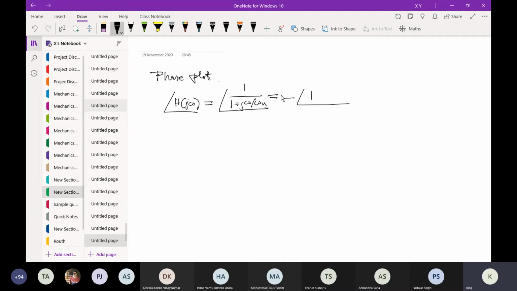So it will be 0 minus, and you can use geometry to write this as tan inverse imaginary by real by 1. So it will come out as tan inverse omega by omega 0.